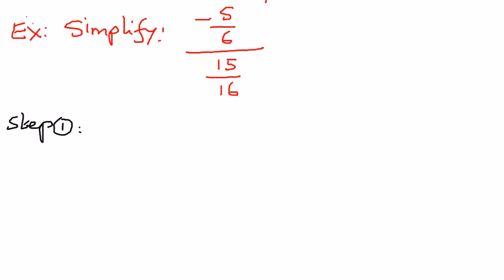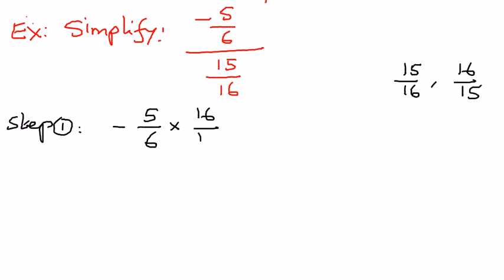So as step number 1, we're going to write the fraction in the numerator as is. We're going to convert the division into multiplication, and that is a rule, and then we're going to flip the denominator around. We have 15 over 16 in the denominator. We're going to write its reciprocal, which is 16 over 15. That is step number 1.